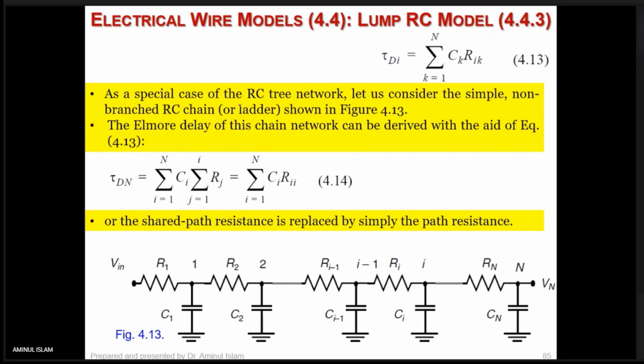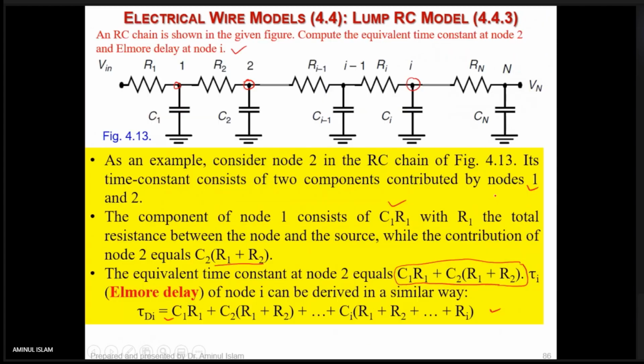As a special case of the RC tree network, let us consider this simple non-branched RC chain or ladder shown in figure 4.13. The Elmore delay of this chain network can be derived with the aid of equation 4.13 as this, where the shared path resistance is replaced simply by the path resistance.